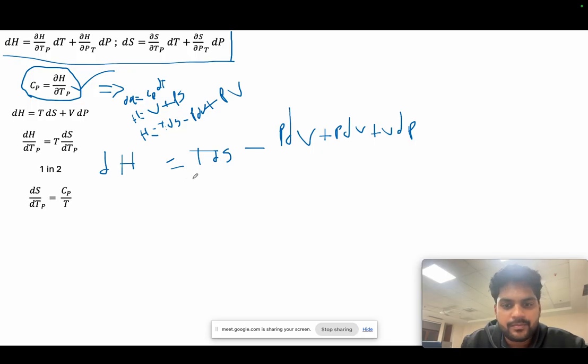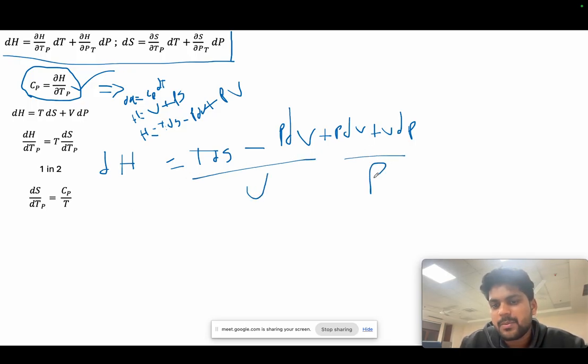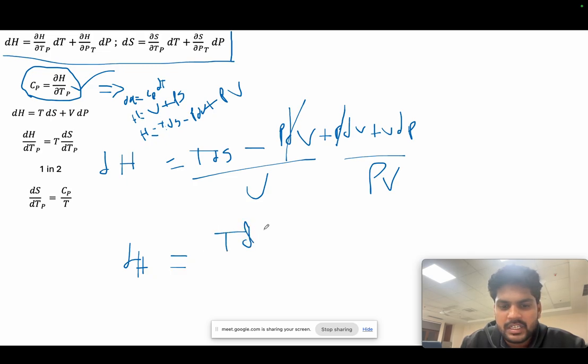This term came from U, this term came from PV. I applied the chain rule as both are variables, P dV plus V dP. So if you see, this will be cancelled. Now we have dH equal to T dS minus V dP.